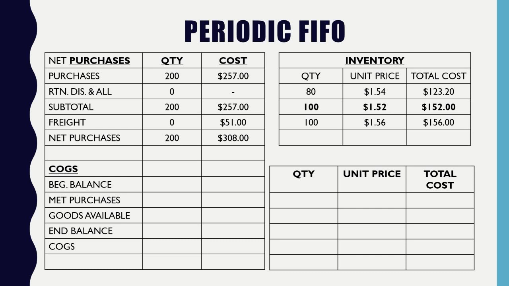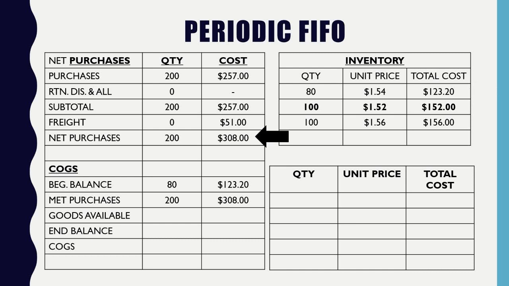Okay? Then this is where we plug in our beginning balances because remember, we had a previous inventory balance beforehand. This is where we're going to plug in that 80 units, for a total of $123.20.